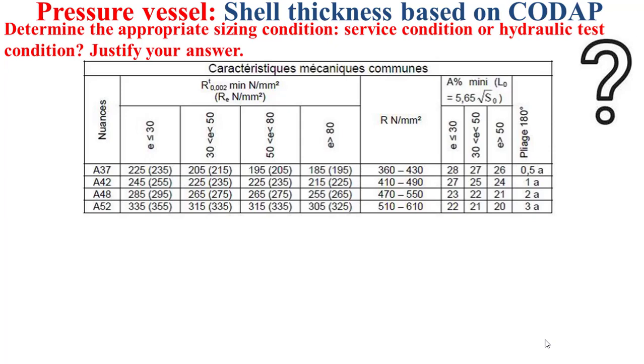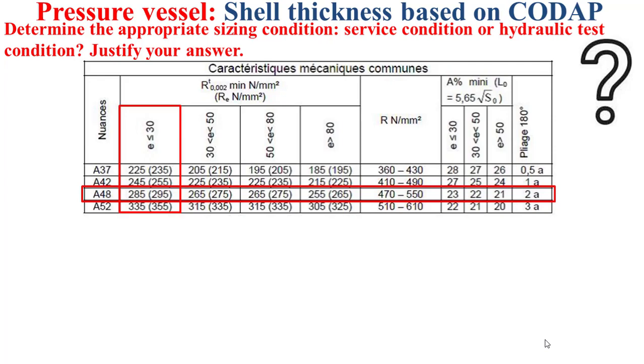For example, in our case we have the steel A48 as material for our pressure vessel, and based on the service pressure, which is 8 bars equal to 0.8 megapascal, and also on the steel grade A48, we are sure that the thickness of the shell will not exceed 30 millimeters.